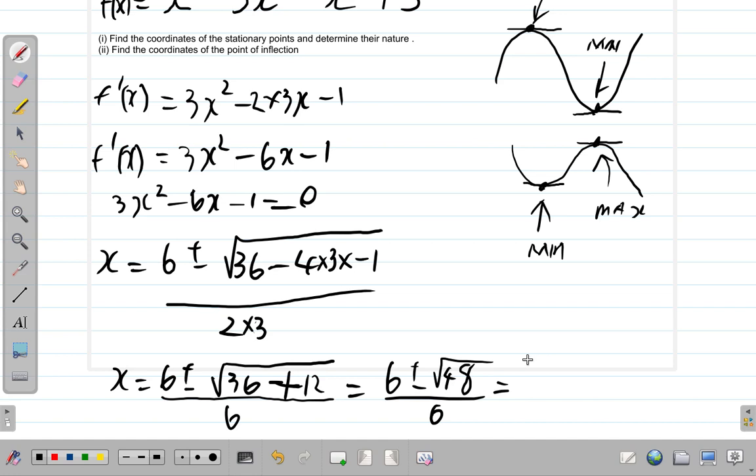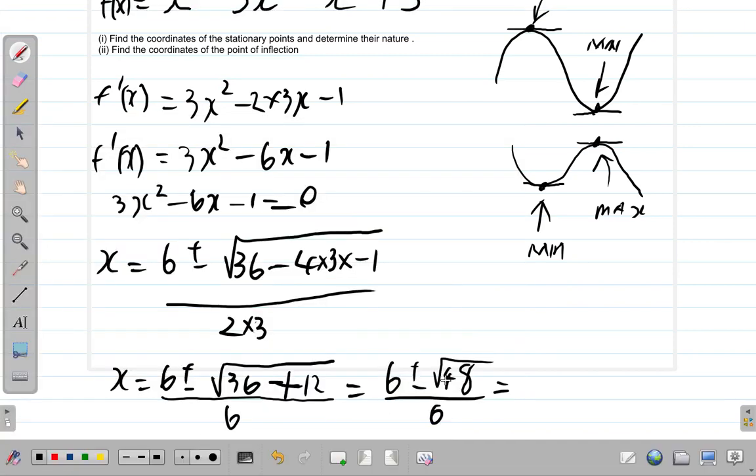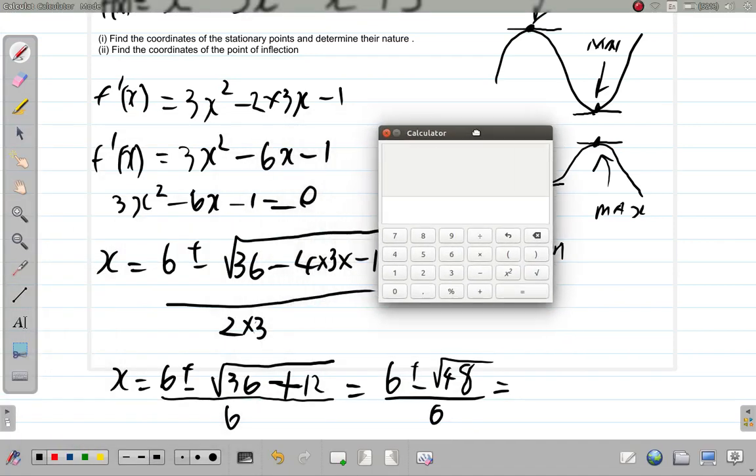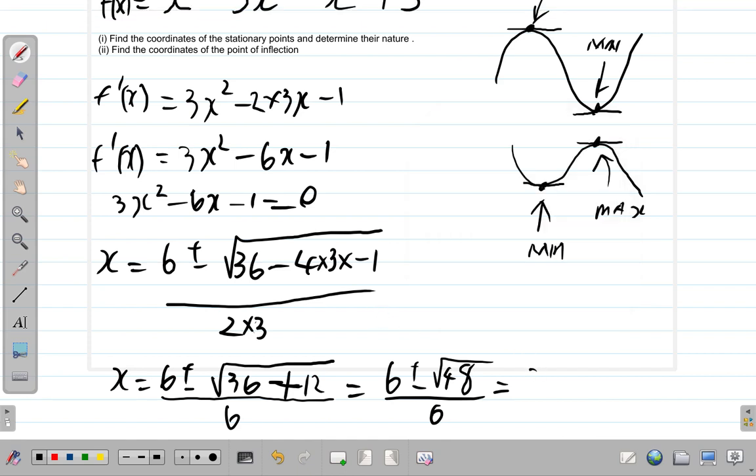In one case it's plus, in the other case it's minus. So it's 6 plus the square root of 48, over 6, equals 2.155.